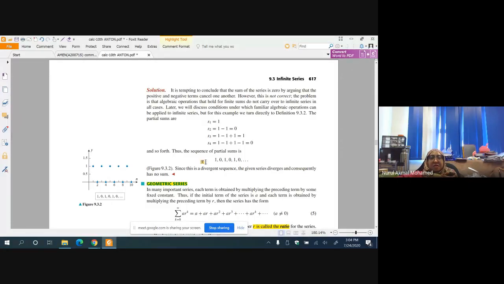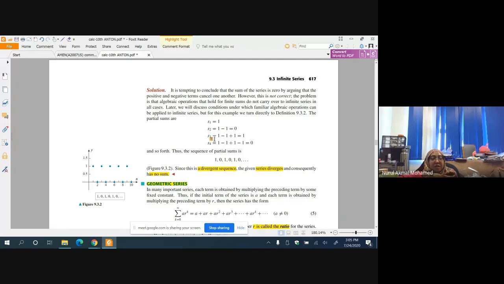Since it is a divergent sequence, the series also diverges, and it has no sum. You cannot sum it up. The summation does not give you an exact number.